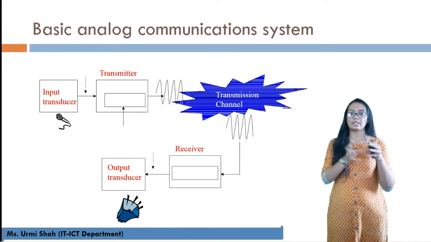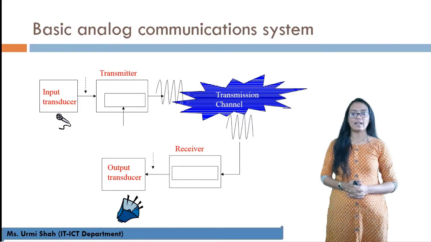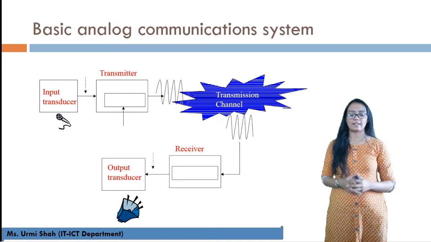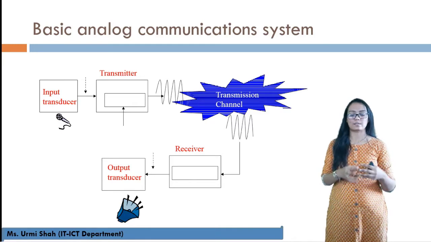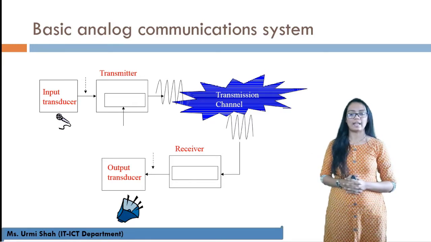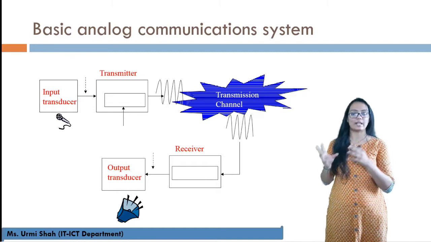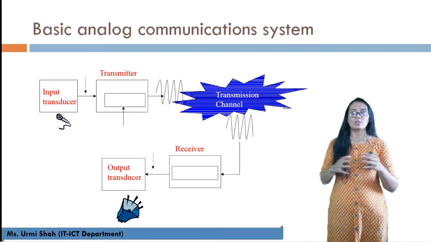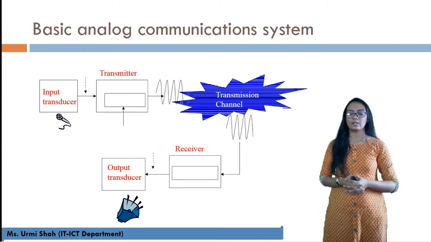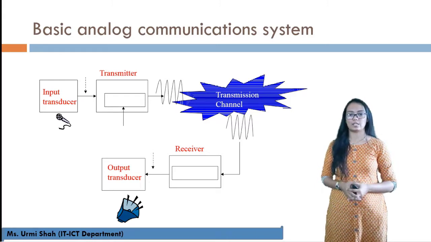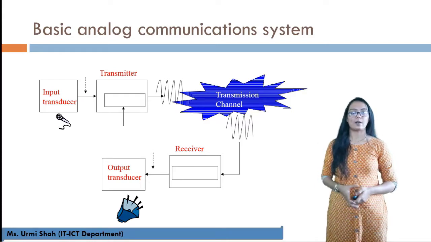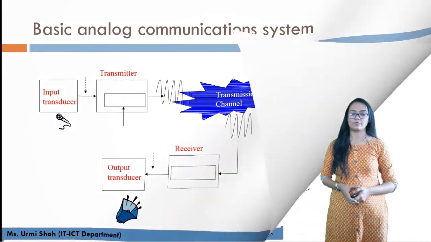From the transmitter, we have a communication channel, and from the communication channel, the signal is going to pass on to the receiver. That receiver block is going to generate the output at the output transducer. So this is the overall working of a basic analog communication system. This is how the analog communication system works.